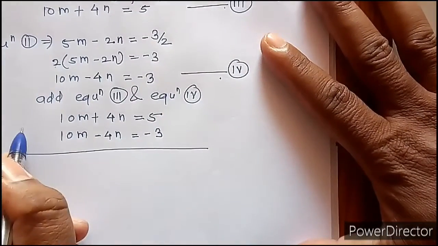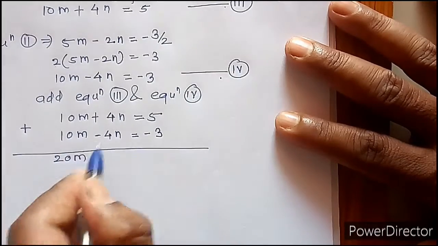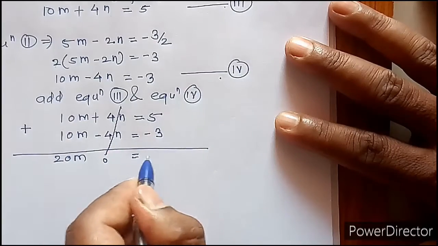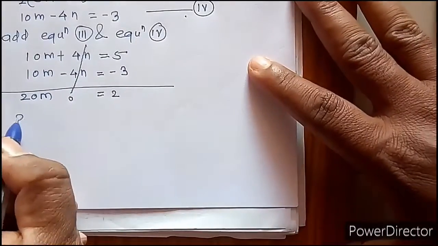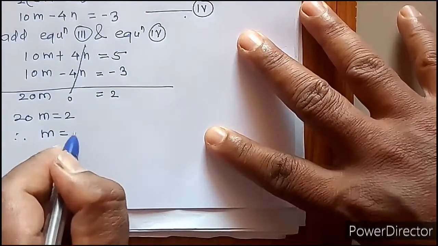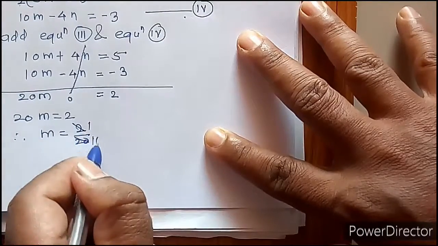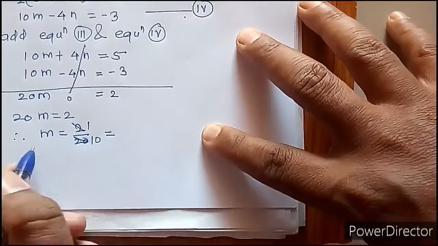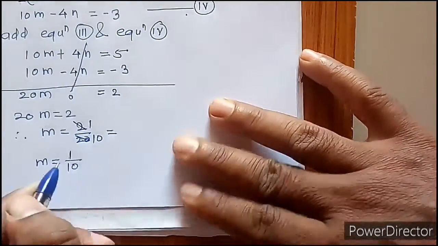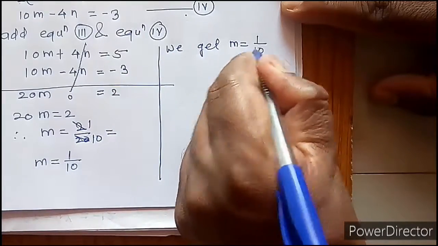We add them. Then 10m plus 10m will be 20 of m, and plus 4n minus 4n get cancelled. Now 5 minus 3 is 2. We get 20 of m equals 2. Therefore m equals 2 by 20, which on dividing by 2 gives m equals 1 by 10.